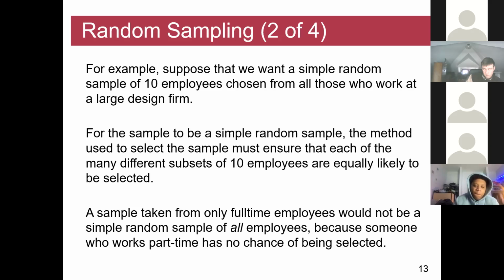We have to include the part-time employees in there, or the temporary employees. They have to be included also. But it doesn't necessarily mean that the sample that we get will include the part-time employees. Now, there is a way of getting around that, which I will mention in a minute.